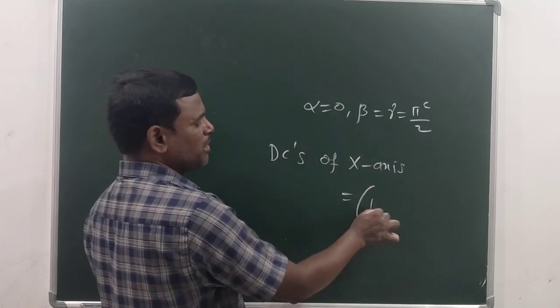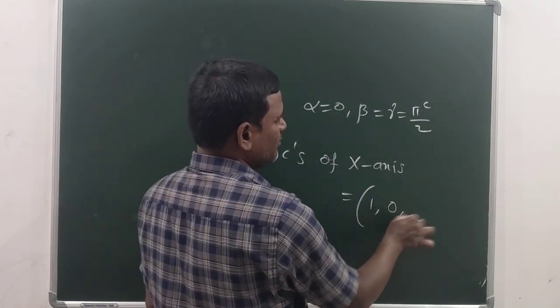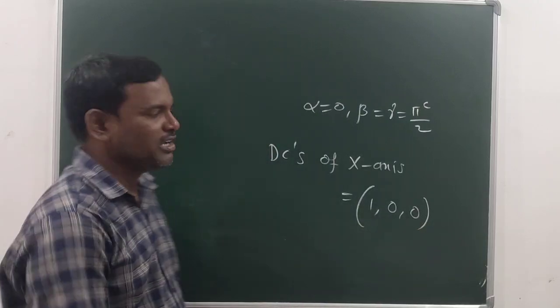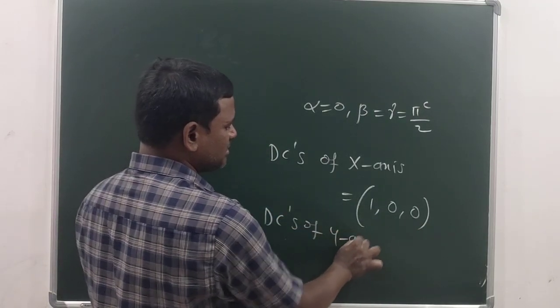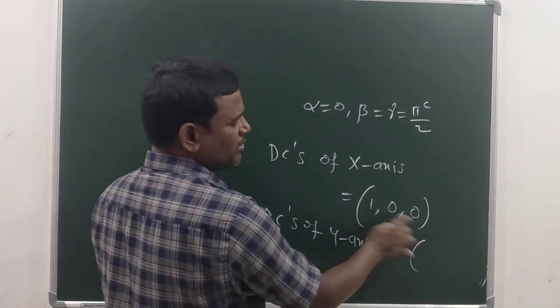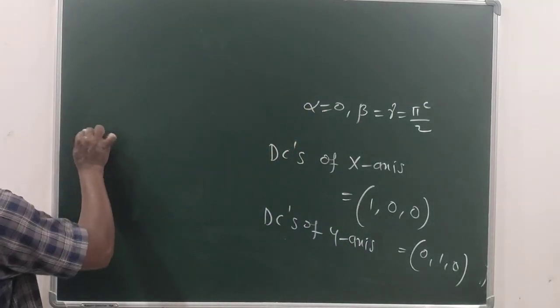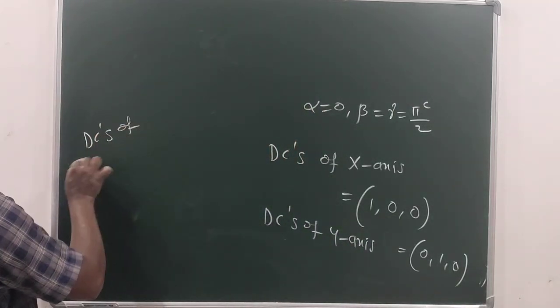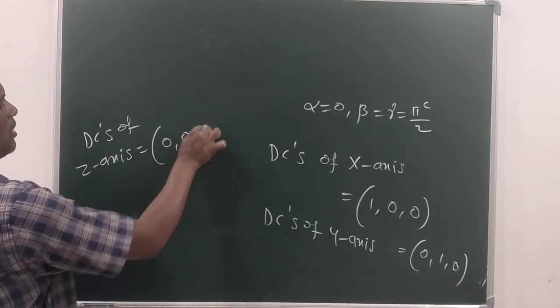Cos 0, which becomes 1, and cos 90, which becomes 0 comma 0. In the same manner, DCs of the y-axis, can you expect what you get? Tell me. So 0 comma 1 comma 0 you will get. Now DCs of the z-axis, what do you get? 0 comma 0 comma 1.